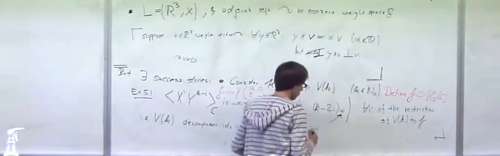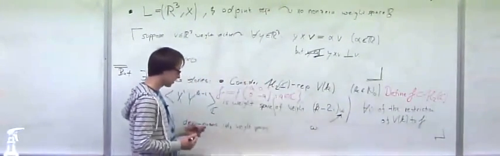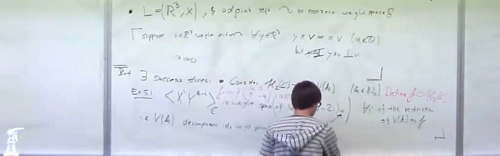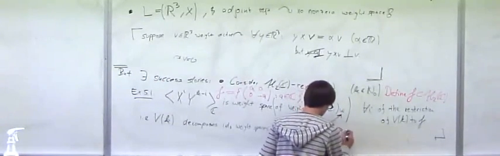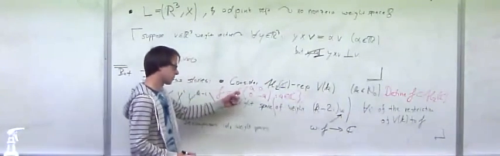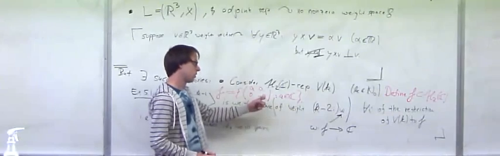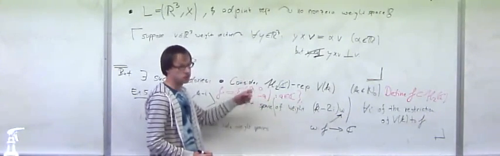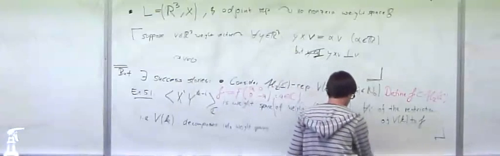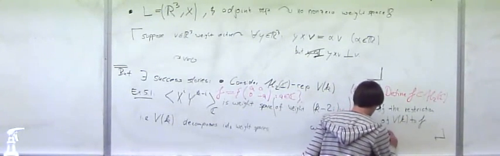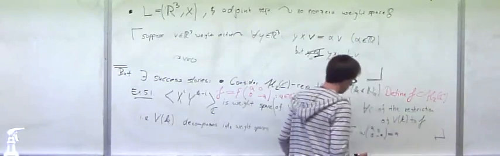So omega is a weight of the restricted representation, so it must be a linear form on H. And we know every matrix in H has the form A, minus A, and omega was the linear map which just sends the matrix A, minus A to A.